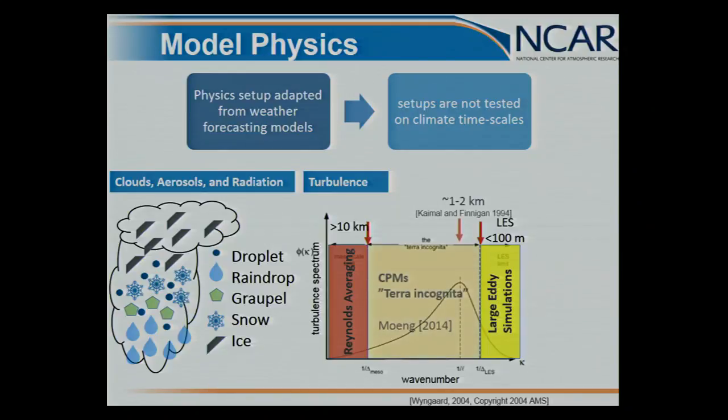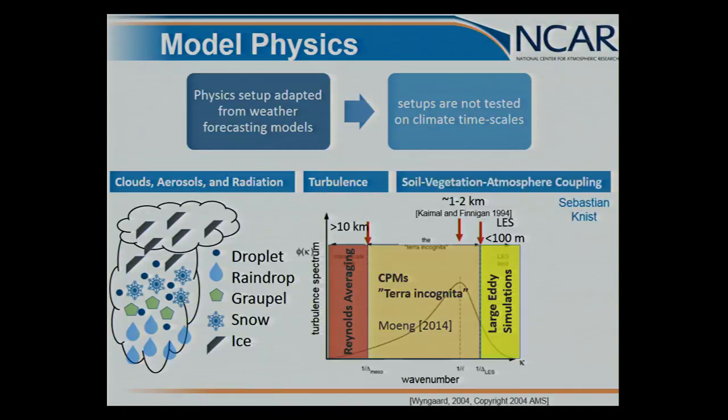And as you can see, with our convection-permitting models, we're right in between, where there is not a solid theory for turbulence. People are working on this issue, and the problem is that there are still not really schemes that are appropriate for this regime, or they're not really implemented or tested.